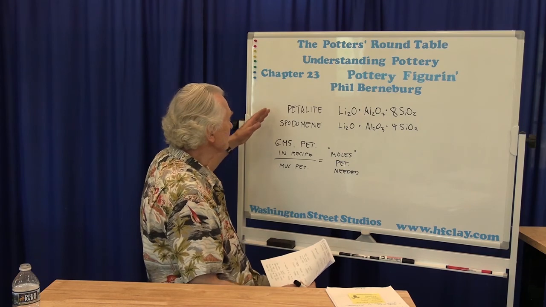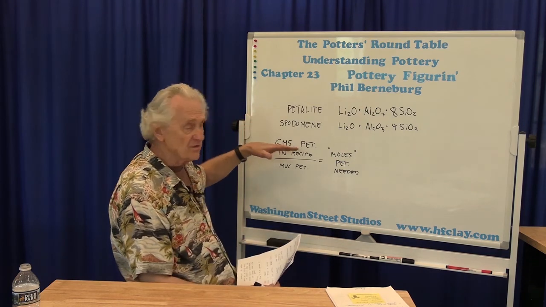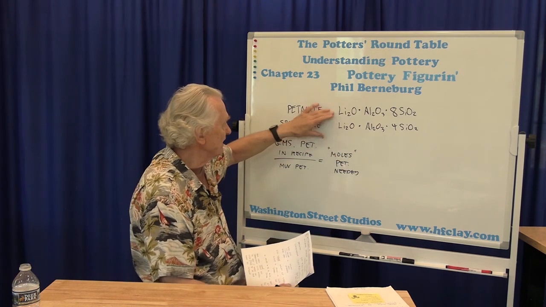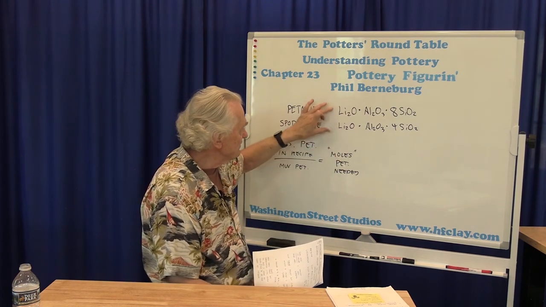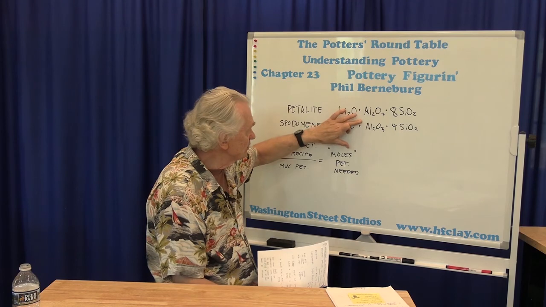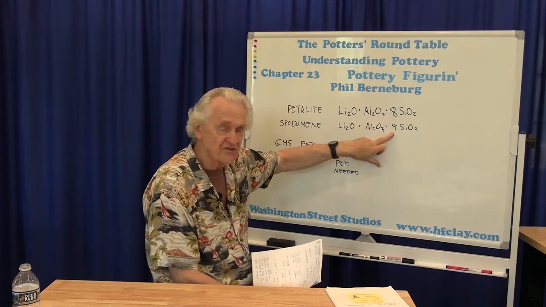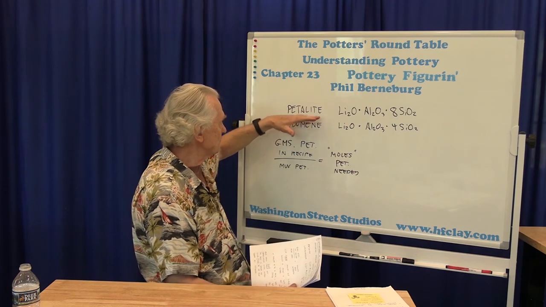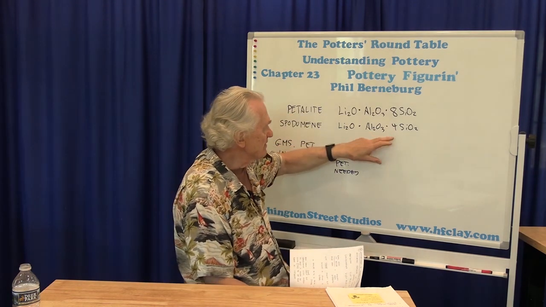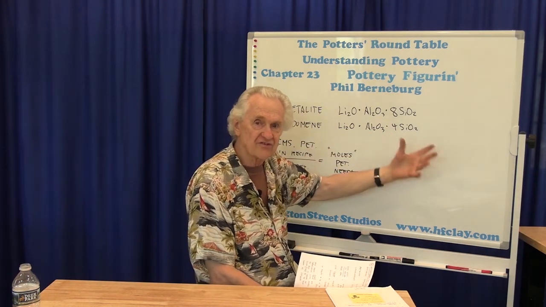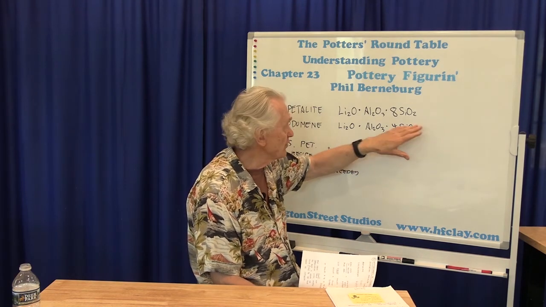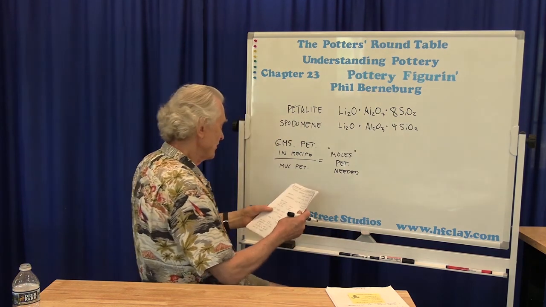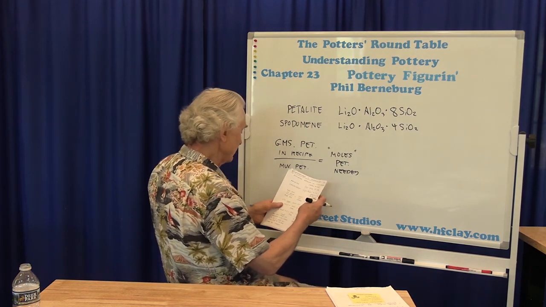So now in this case, I'm going to want to use the same number of moles or units of spodumene as in petalite, because the lithium is the same in both of them, the aluminum oxide is the same, the only difference is the silica. So what this really means is, if I'm going to substitute spodumene for petalite, I can do that, but I'm also going to have to add some extra silica to make up for what would have been provided by the petalite. Okay? So I'm going to use the same number of moles.